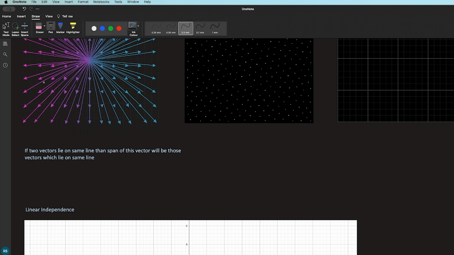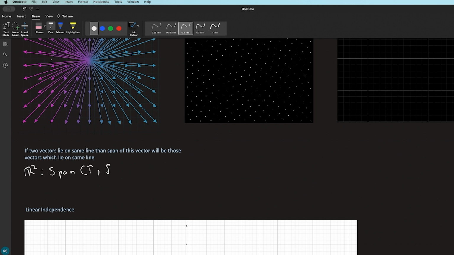Now I can say that for the plane R2, what is the plane R2? My 2D coordinate space is also denoted by the R2 plane. So I can say that the R2 plane is the span of the standard basis vectors, that is i hat and j hat.